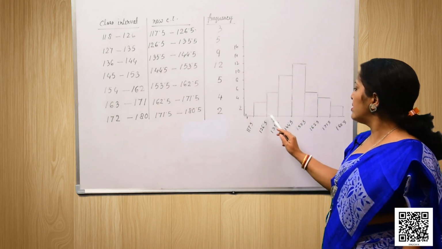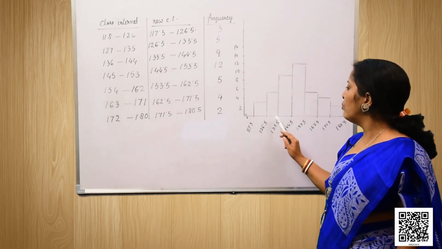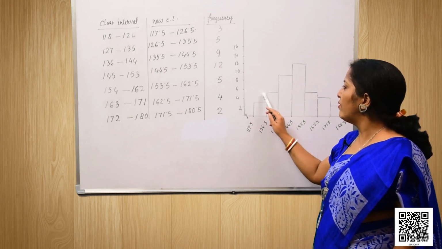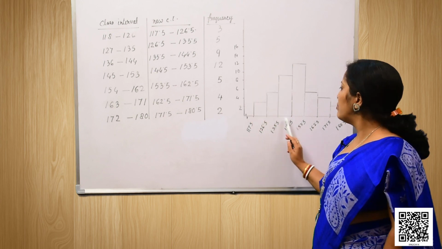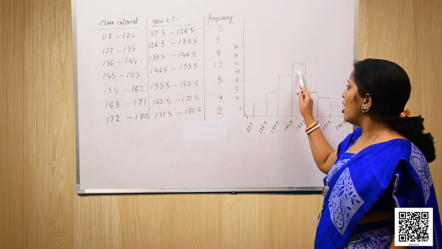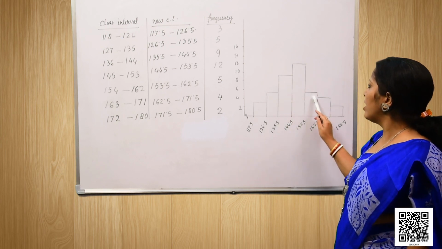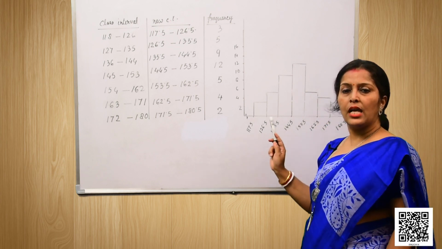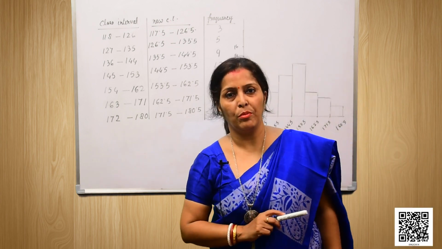So on top of this, we draw the bar up to the value 5 on the vertical line. Similarly, the next one we draw up to 9, next up to 12, then up to 5, then 4 and then 2. So this is our histogram for question number 4.